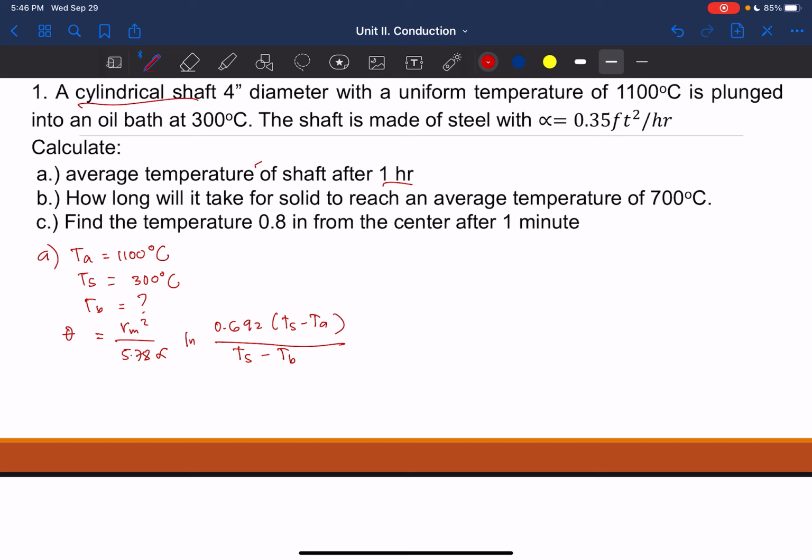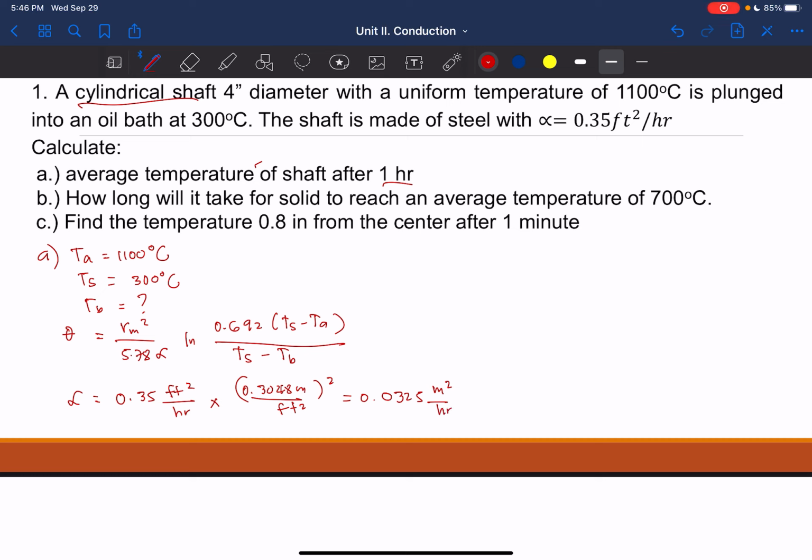So, change that into SI. So, you're given alpha is 0.35 feet squared per hour, English unit, times 0.3048 meters per feet, squared mo siya. So, roughly get 0.0325 meters squared per hour.